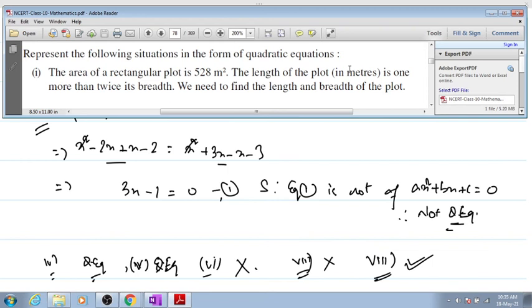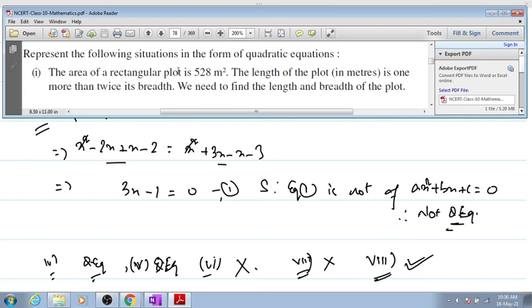Everybody please try and form the equation for question number 2, part 1. The area of the plot has been given to us as 528. The length of the plot is 1 more than twice its breadth. Try framing the equation in one variable.